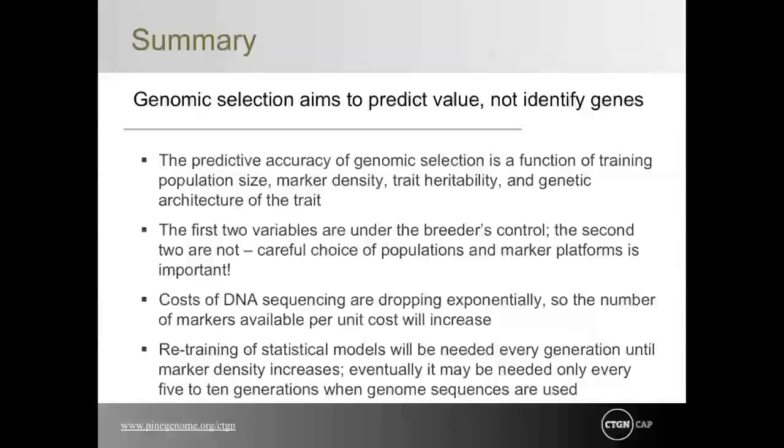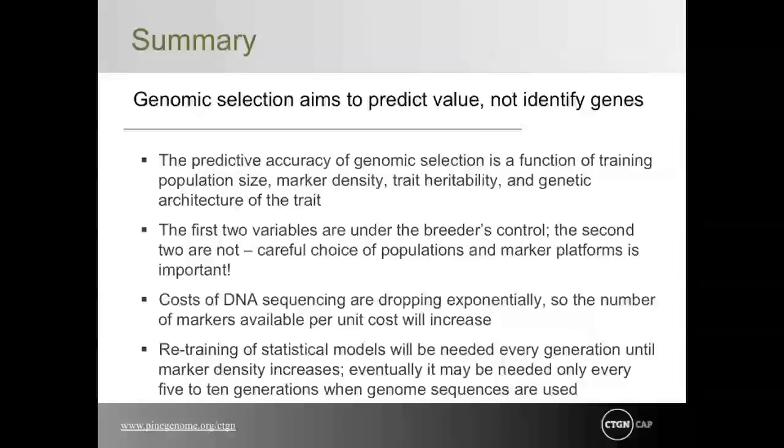Breeders can control the effective population size and marker density used in their work, but have much less control over trait heritability and genetic architecture. Careful collection of phenotypic data and well-designed and controlled tests can have a positive effect on increasing trait heritability. Well-designed tests to collect accurate and precise phenotypic information continue to be a valuable asset in breeding programs.